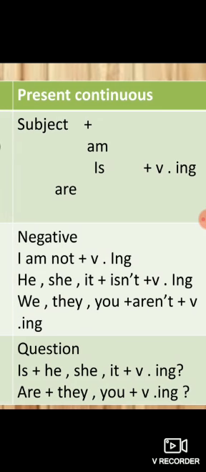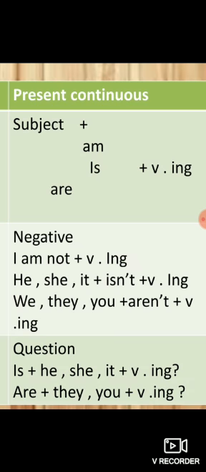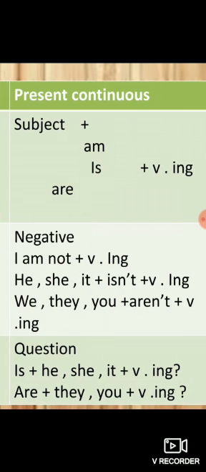Then we use isn't, he isn't, she isn't, it isn't, plus the verb in the gerund or the ing form. We, they, you, we use aren't, and then the verb in the ing form. What about the question here? We use is with he, is she, is it, and then the verb in the ing form. Are they, are you, and then the verb, of course, in the ing form.